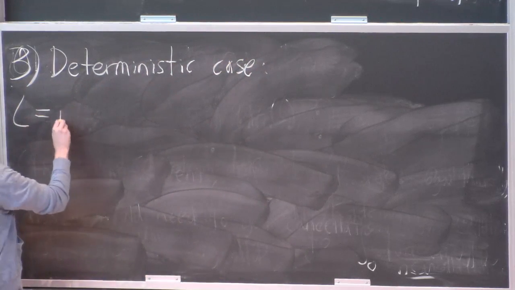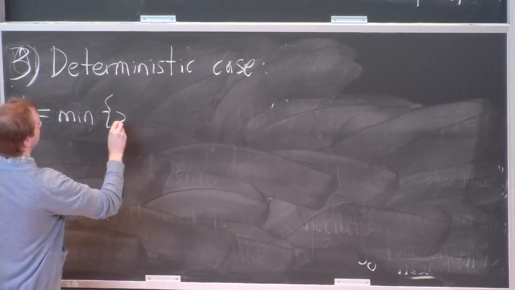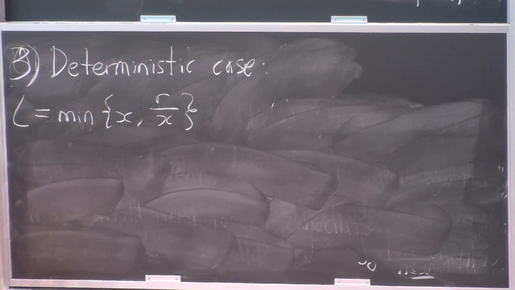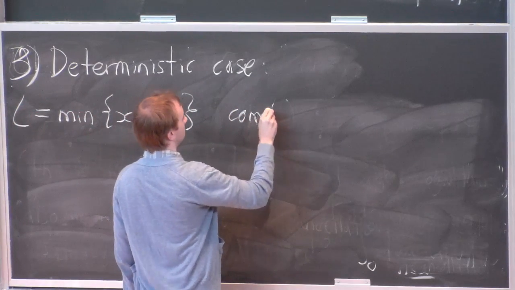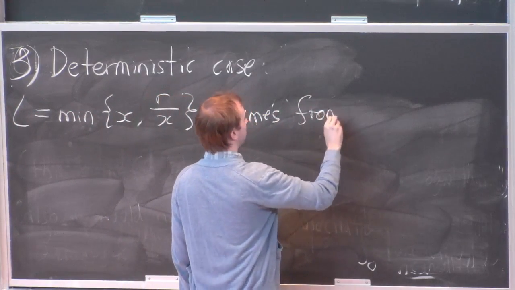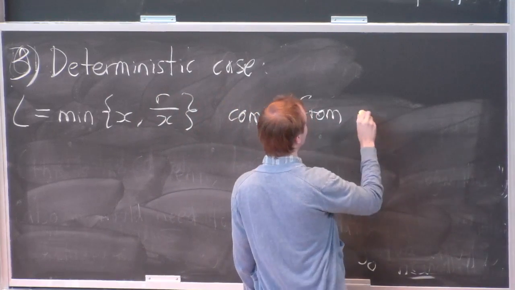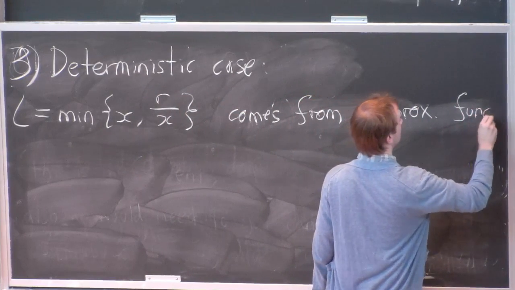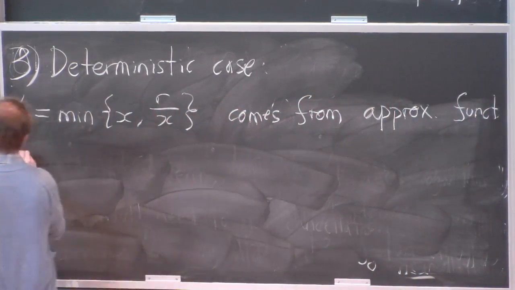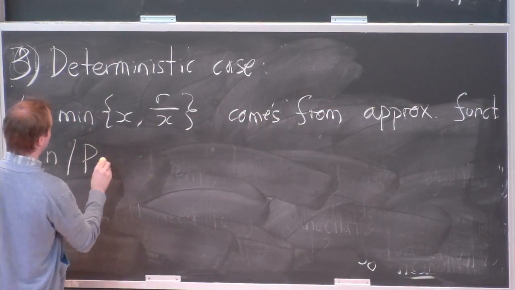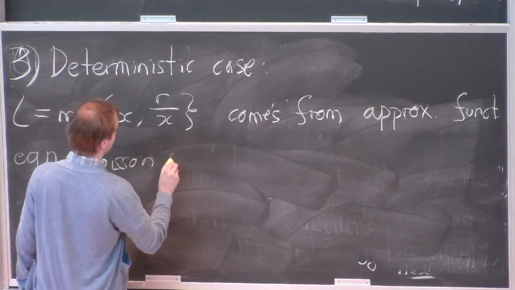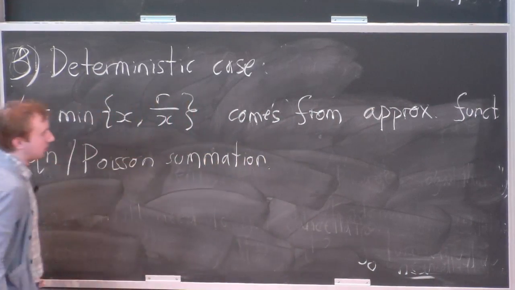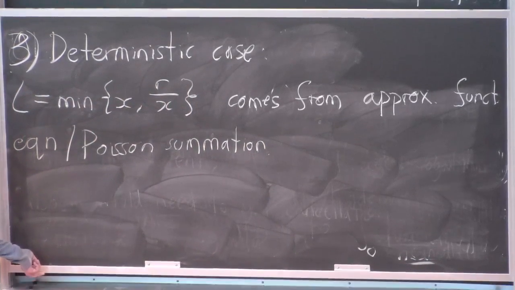Well, first of all, there was this quantity L, which was the minimum of x and r over x. Where does that come from? Well, that comes from what, depending on your predilections, you might call the approximate functional equation, or Poisson summation, or the Polya Fourier expansion, or various other things.